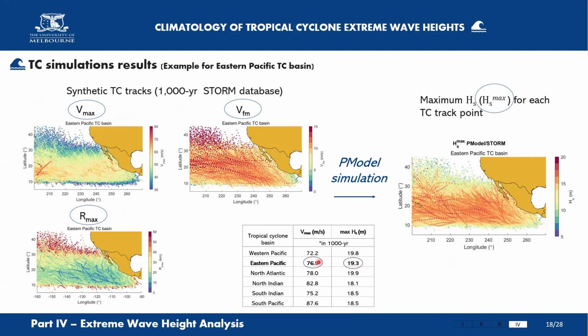For this basin, the maximum Vmax from the synthetic tropical cyclones database is 76.9 meters per second, and the maximum HGS related to that calculated was 19.3 meters. It's for 1,000 years of data.